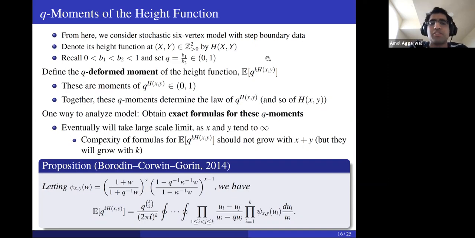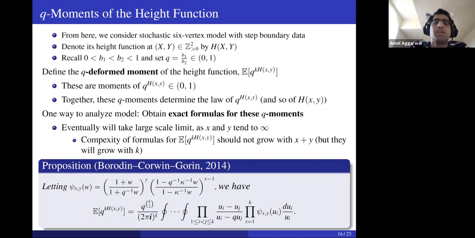These are moments of q to the h, and q to the h is a bounded random variable. So if I have all moments of q to the h, I've pinned down the law of q to the h, and therefore I've managed to pin down the law of h itself.